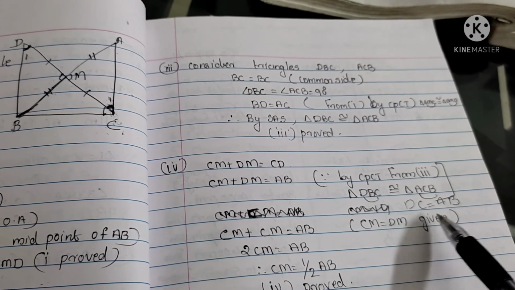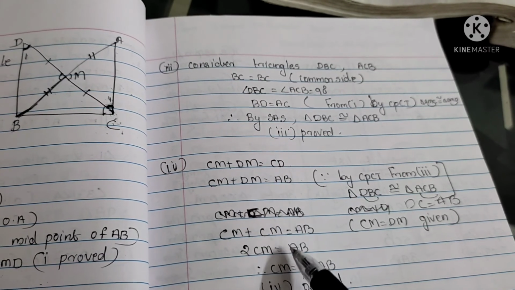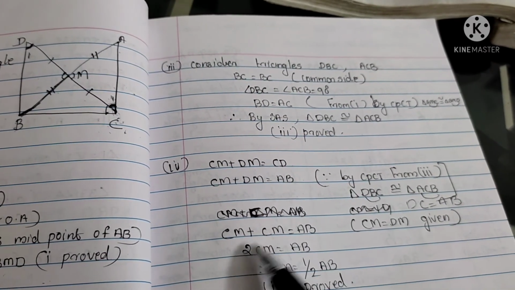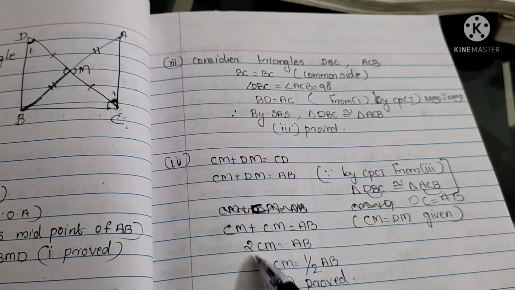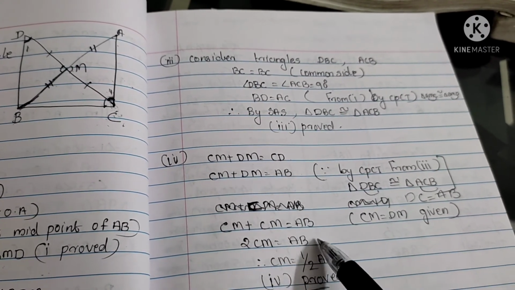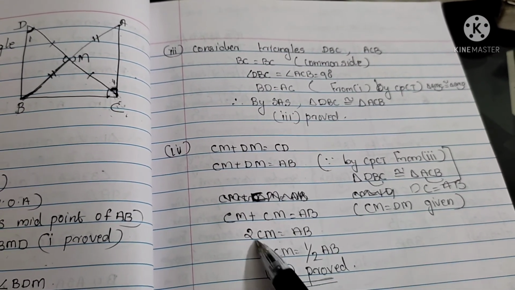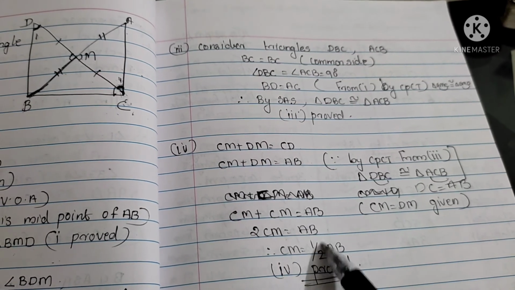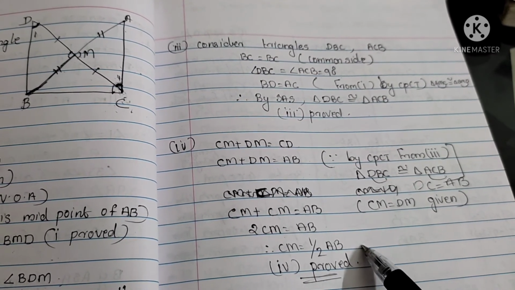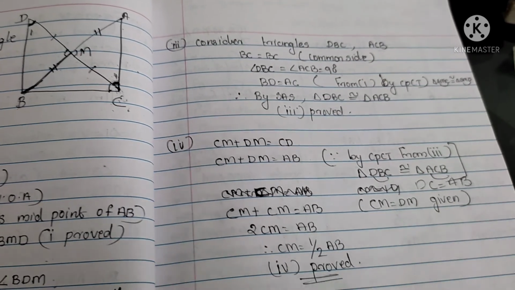Instead of DM, we write CM. CM plus CM is equal to AB, that is, 2CM is equal to AB. Transposing the 2 to the other side, CM is equal to half of AB. Then part 4 is proved.